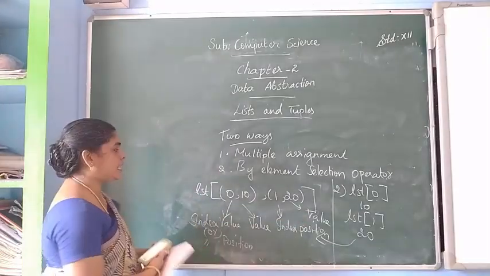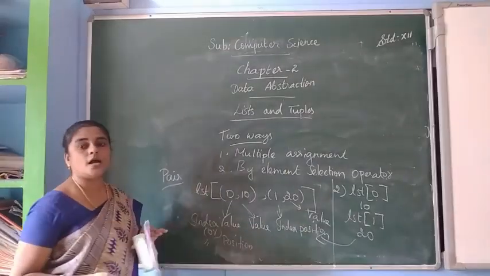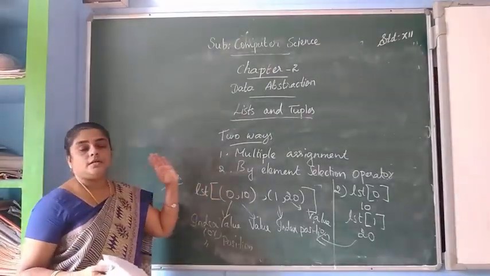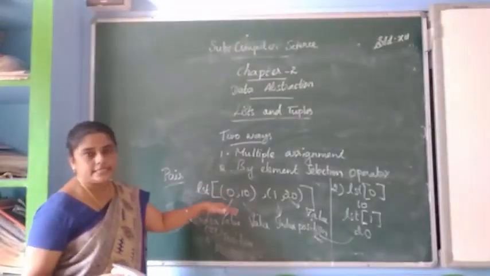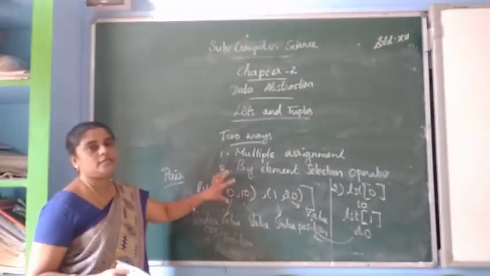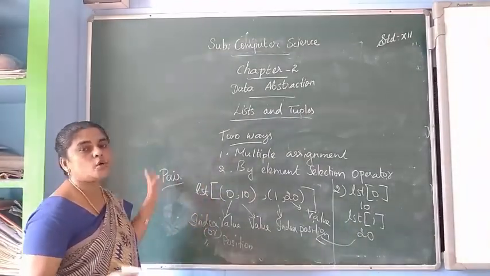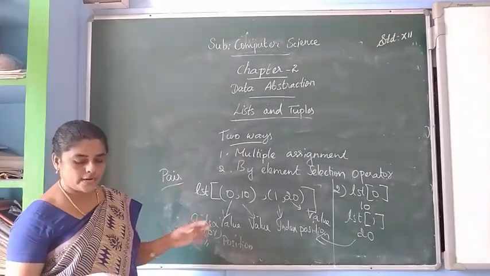So this is known as a pair. Any way of bundling two values together in one set can be considered a pair. So a list is also known as a pair.